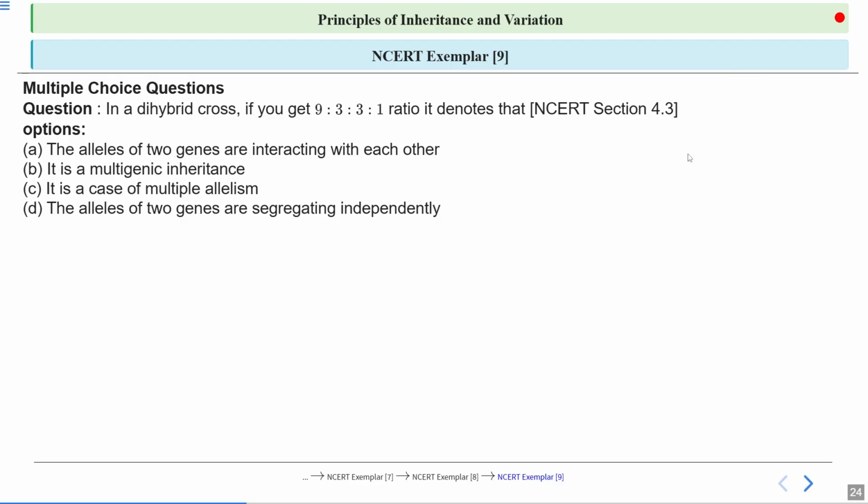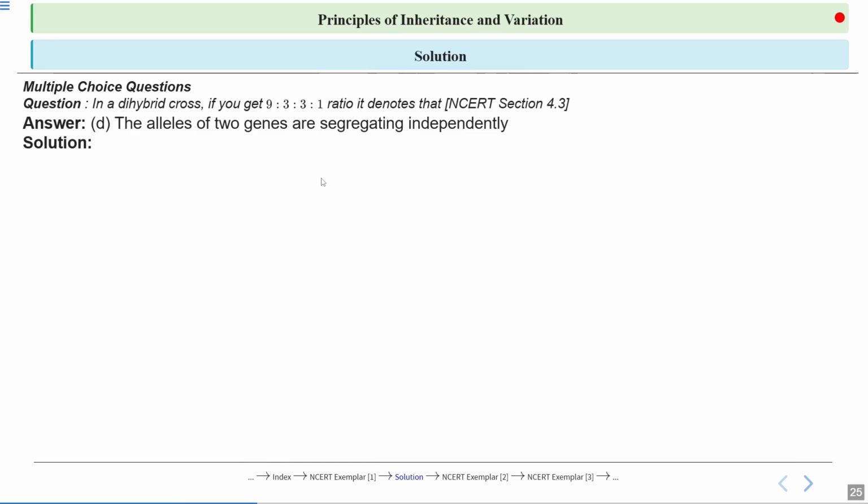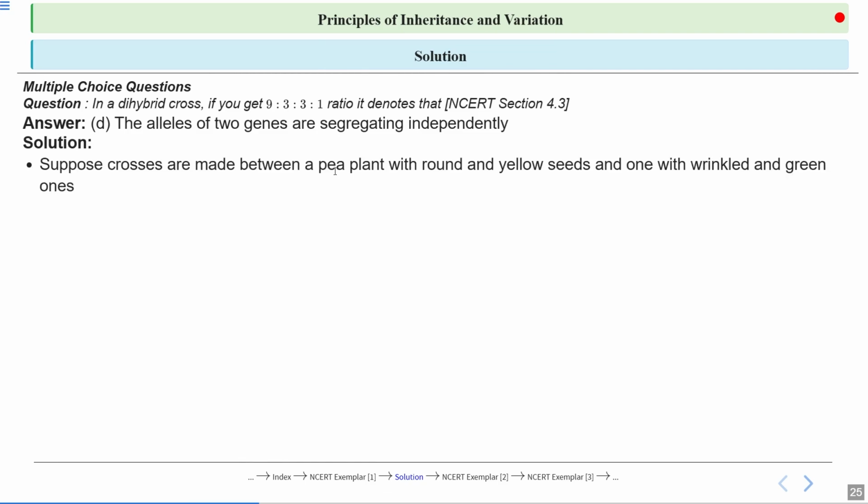Okay, so let's have a look at the answer. The alleles are segregating independently. This is the correct answer. Whenever you get a 9:3:3:1 ratio in a dihybrid cross in the F2 generation, the genes are independently assorting. Suppose a cross is made between a pea plant with round and yellow seeds and another plant having wrinkled and green seeds.